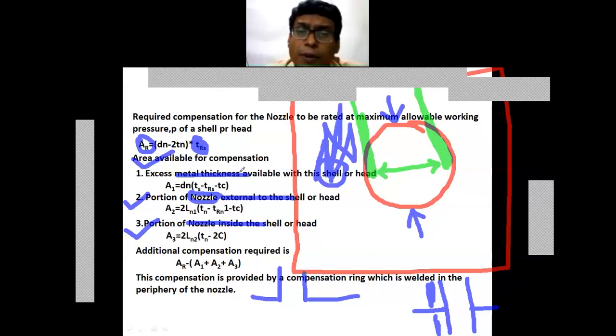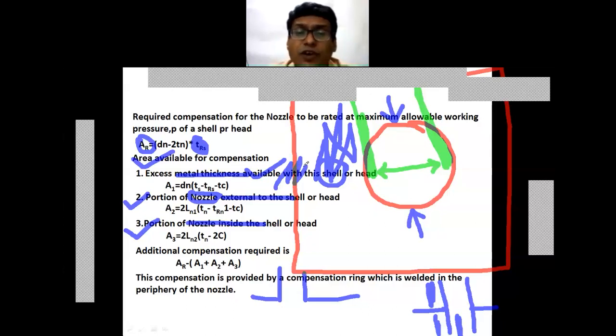So the plate already has some thickness available. Then this nozzle itself acts as a reinforcement, one outside the vessel and one inside the vessel. That is the reinforcement provided by the nozzle, and the reinforcement provided by the metal shell thickness.